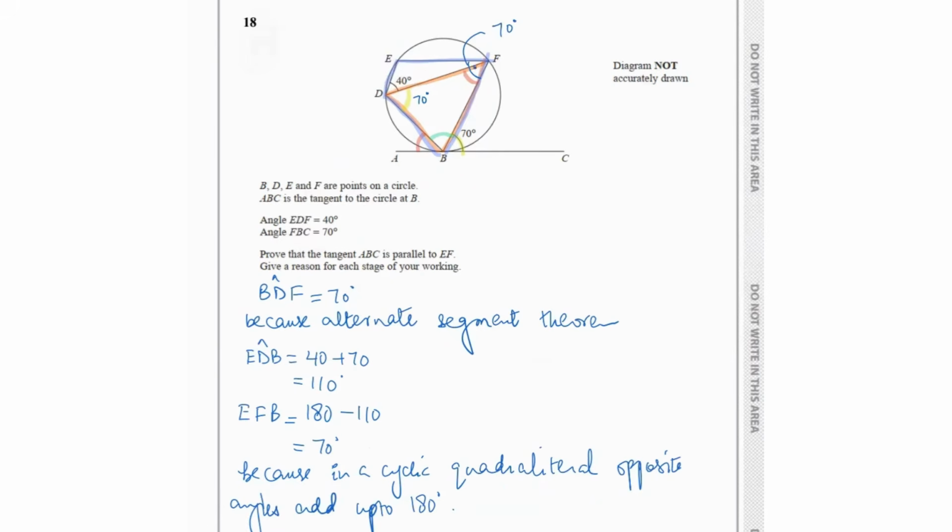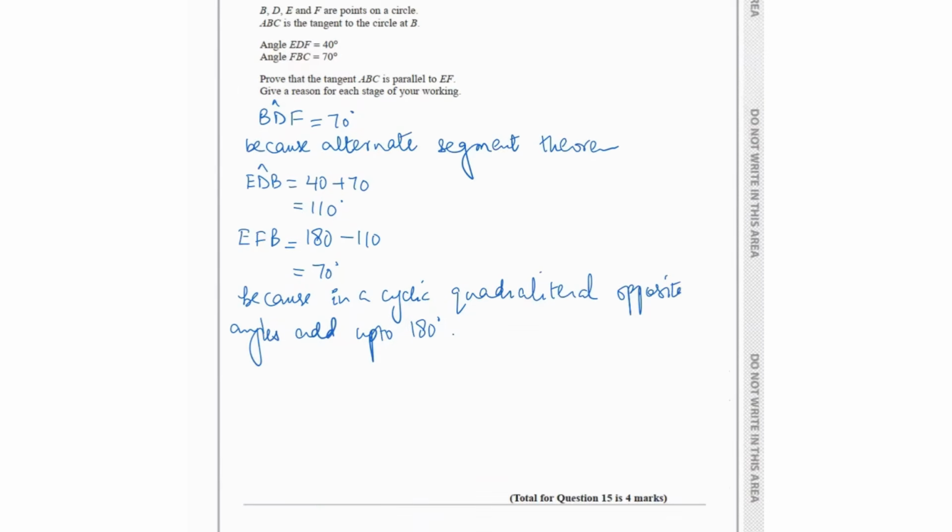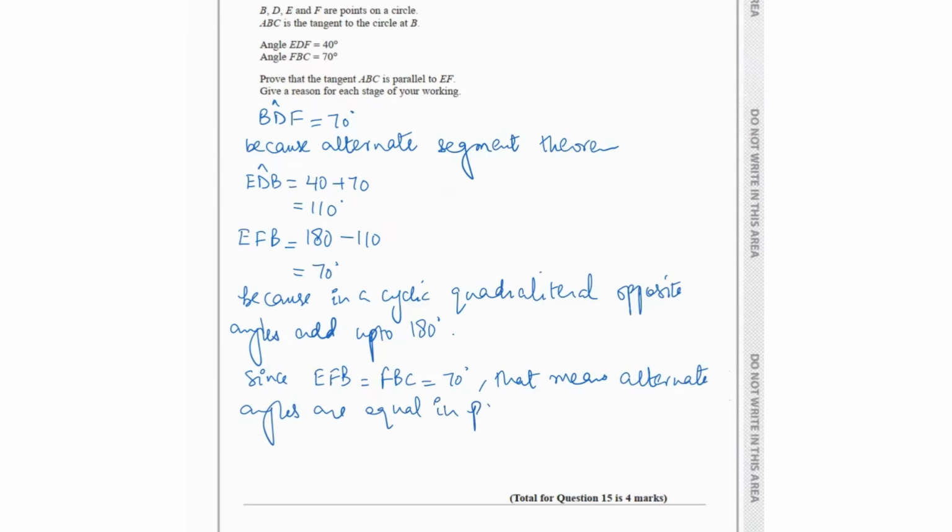So you can clearly see that this angle is equal to this angle, and we know that in parallel lines, alternate angles are equal. So we had to show that EF is parallel to the tangent. So since the alternate angles are equal, they are parallel. So now, since EFB equals FBC, which is 70 degrees, that means alternate angles are equal in parallel lines.